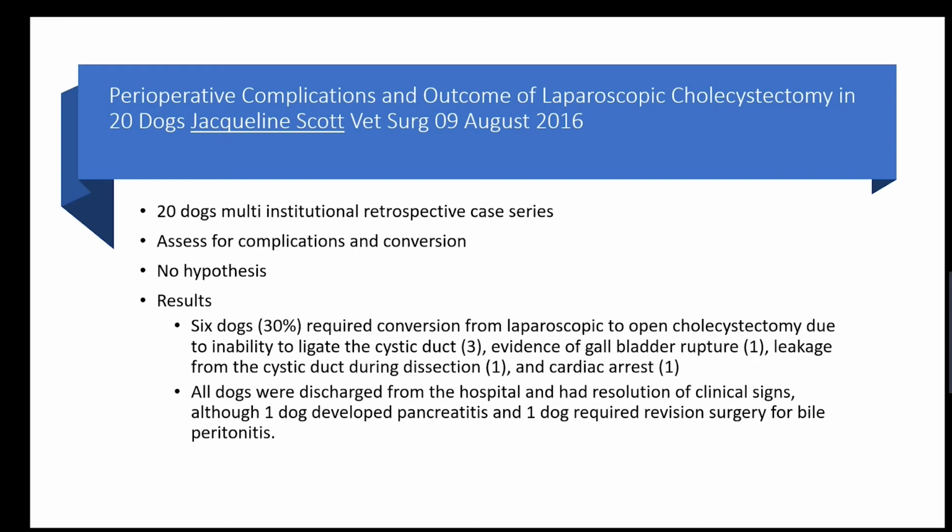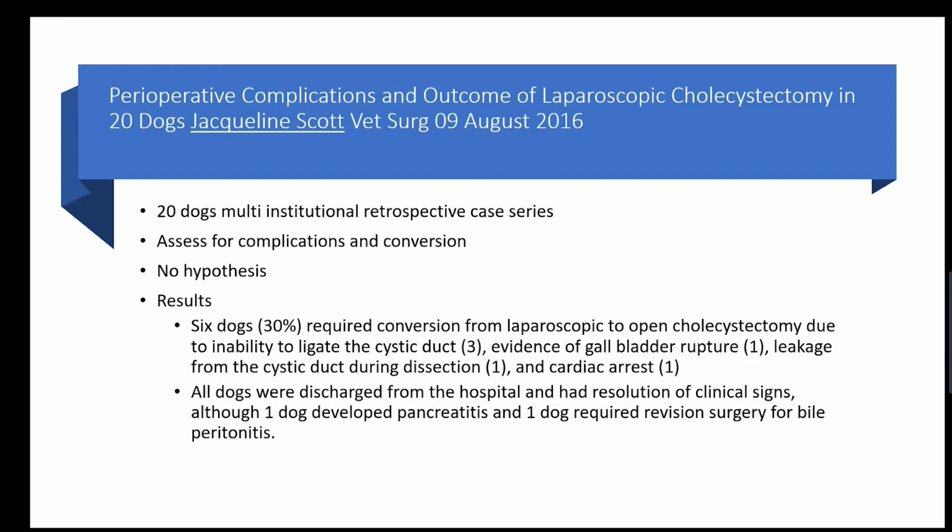This is a study that looked retrospectively at 20 dogs that had laparoscopic cholecystectomies. Again, as I mentioned, this is the treatment of choice in people. I will mention that it was only 20 dogs and it was a multi-institutional retrospective study.